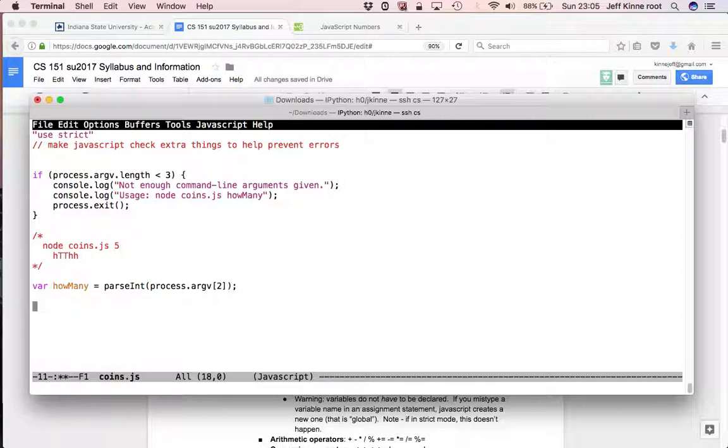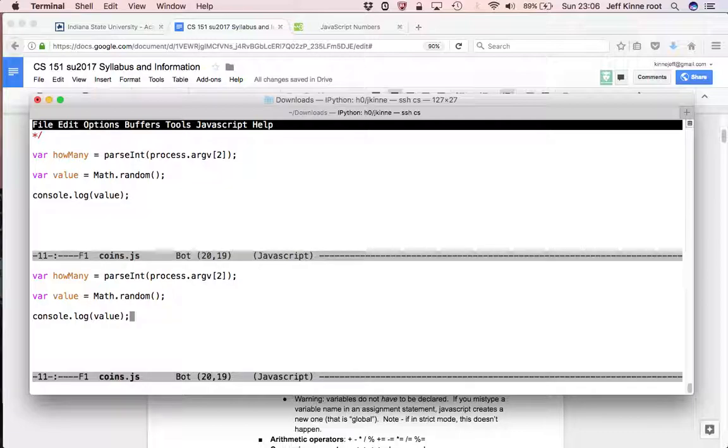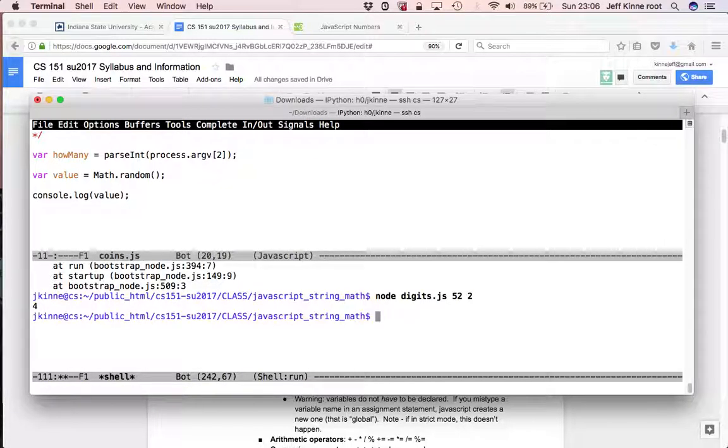So what we have available to us is Math.random, and to start off with, let's just print that to see what that gives. It should be a value between 0 and 1.